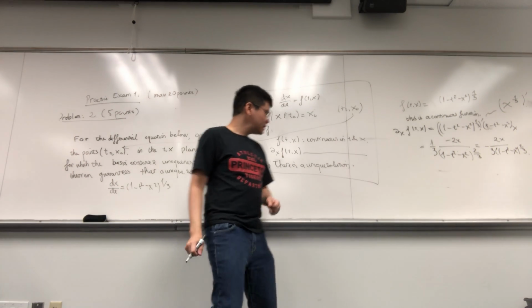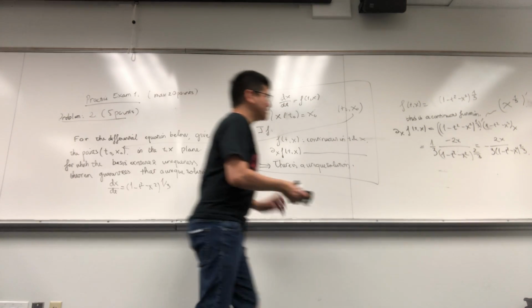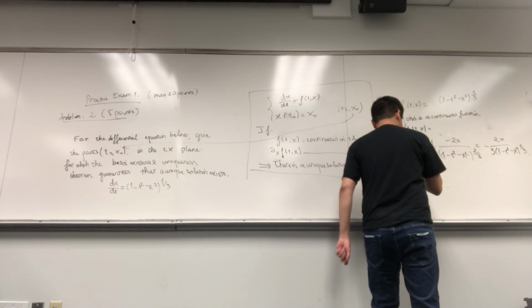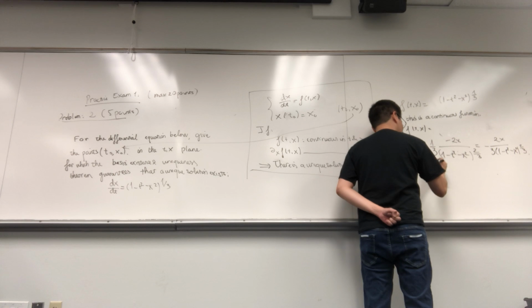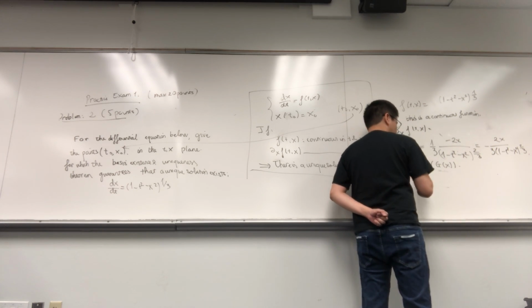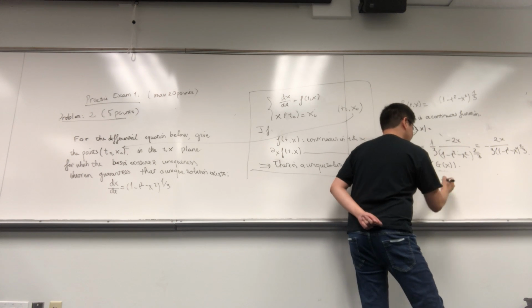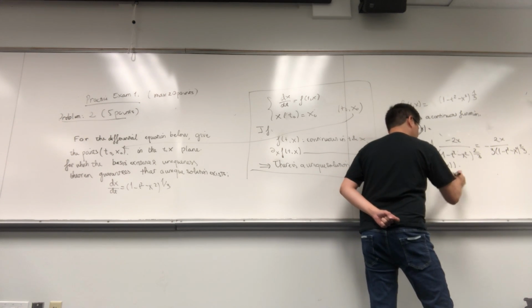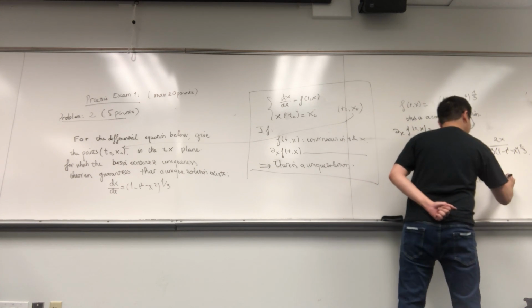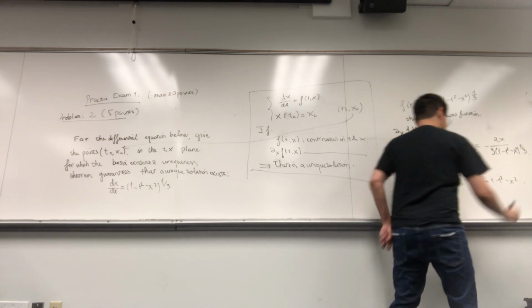Is it clear? Let me explain this again. Here you have the chain rule, so f will be f(g(x)), in which f is g to the power 1/3, and g(x) is 1 minus t squared minus x squared.